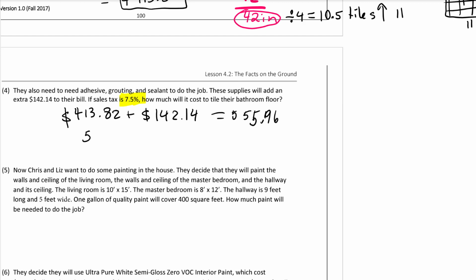We take 555.96 and multiply it by 7.5% expressed as a decimal. That gives us an additional $41.70. And then we add this to the amount before tax.